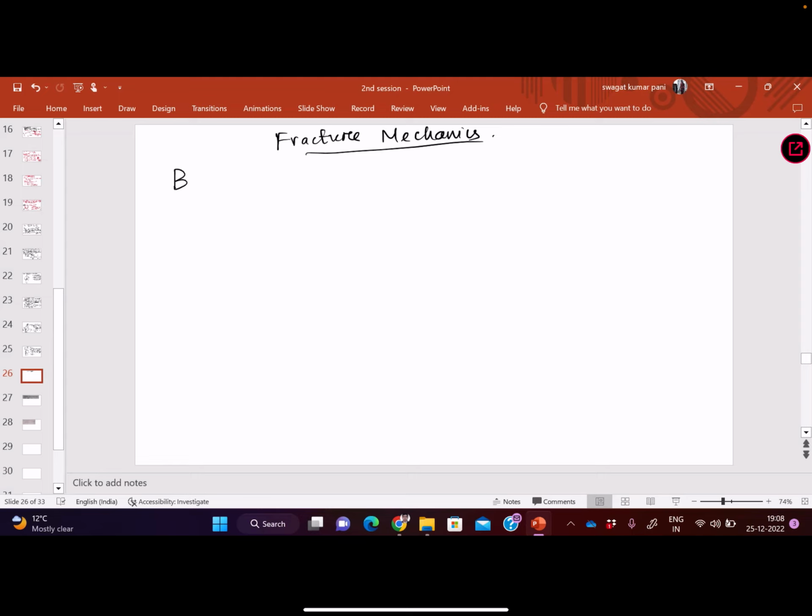Okay, so first let us understand what is brittle fracture. This is also called cleavage fracture.